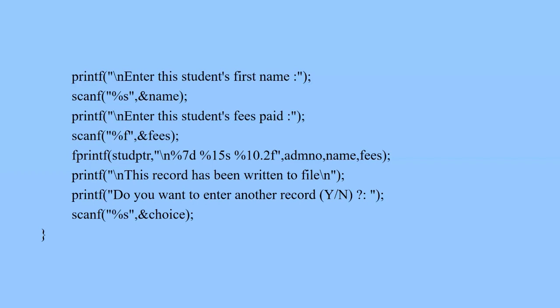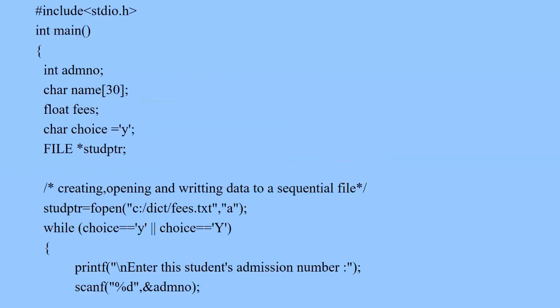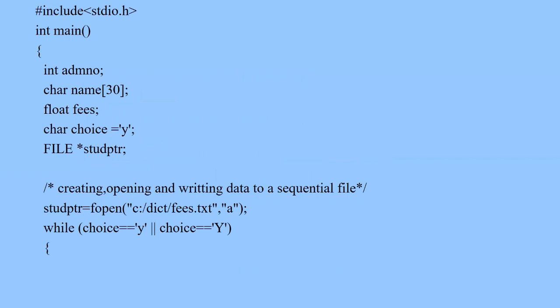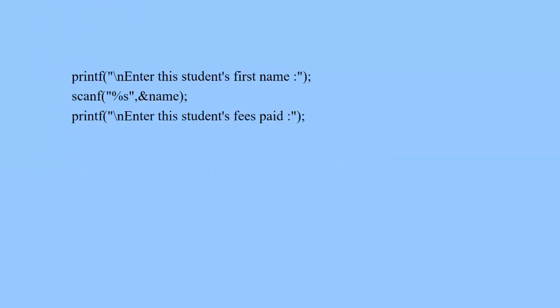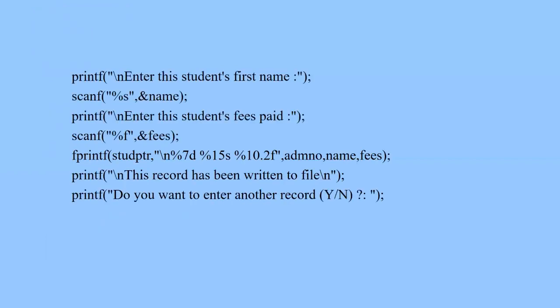And once this brace is encountered, the check is carried out again. So the loop repeats, or there's an iteration, checking the condition based on what has been entered. If what has been entered is yes, that is capital Y or small y, then this block of statements will be executed again.